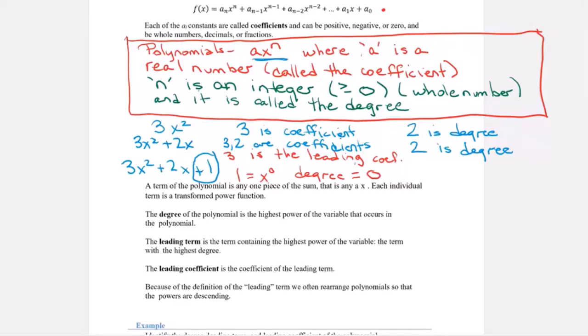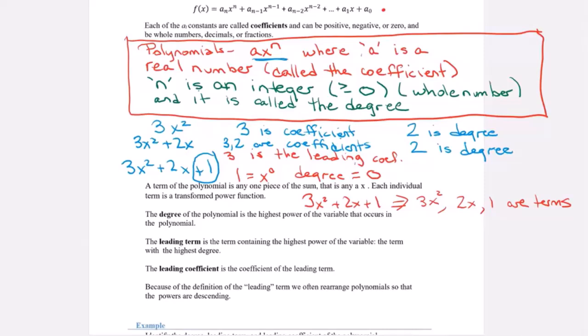Basically, what they're saying is that if I were to have 3x squared plus 2x plus 1, then 3x squared, 2x, and 1 are terms. They're just any piece of the sum of all of them.